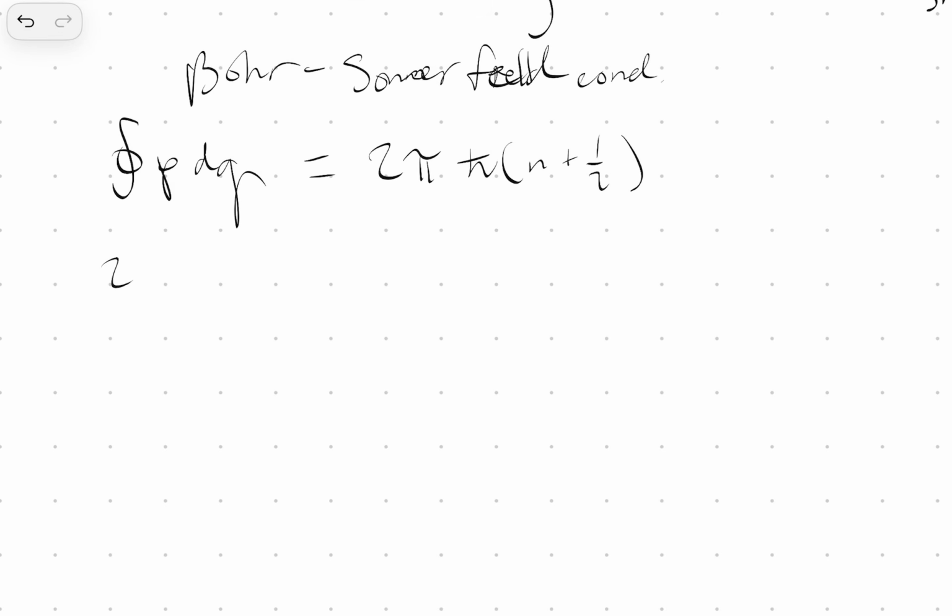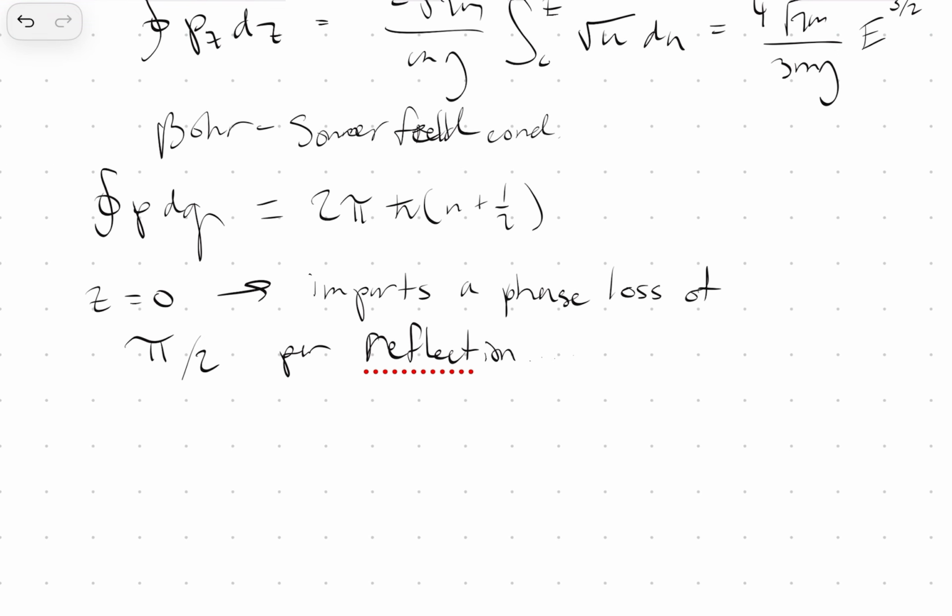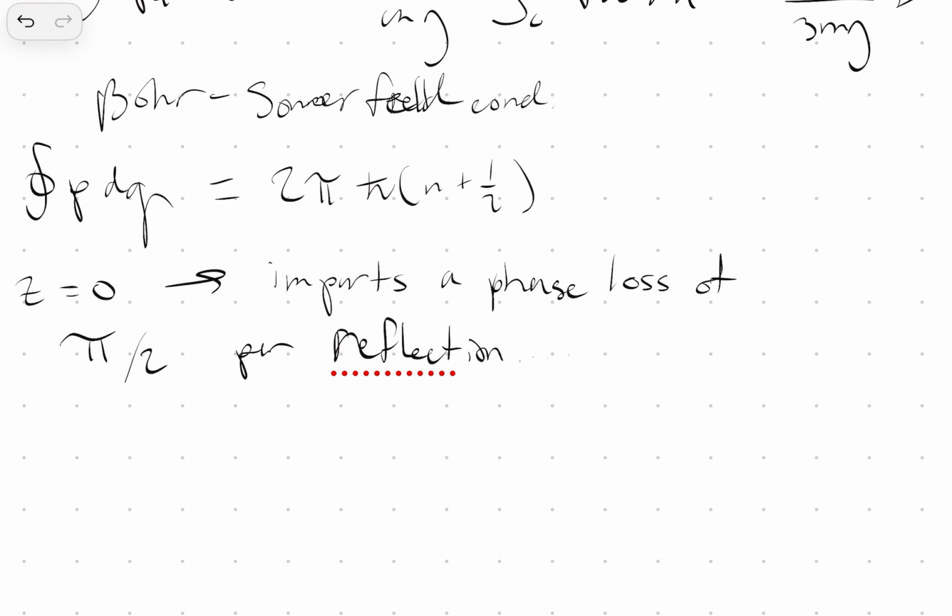However, the hard wall at z equals 0 imparts a phase loss of pi, or pi over 2 per reflection. The wave function must vanish there, and that effectively shifts the quantum number by 1/4.